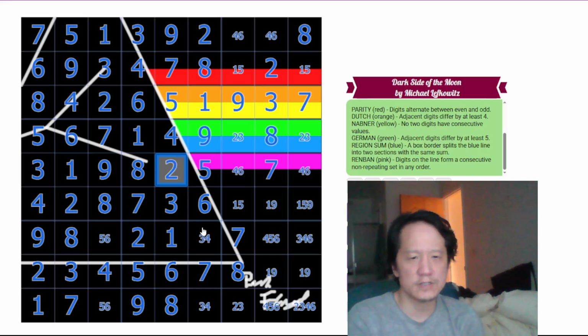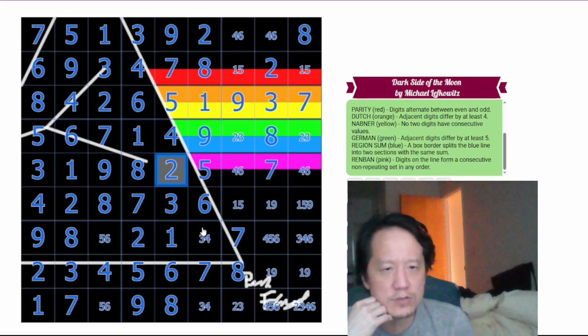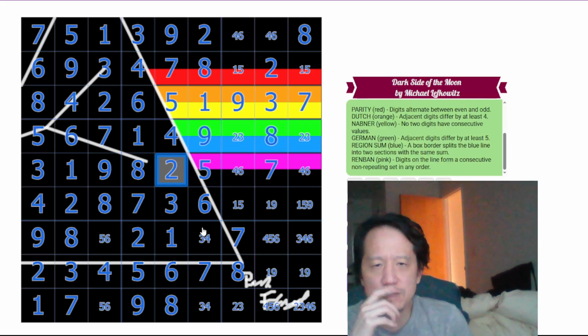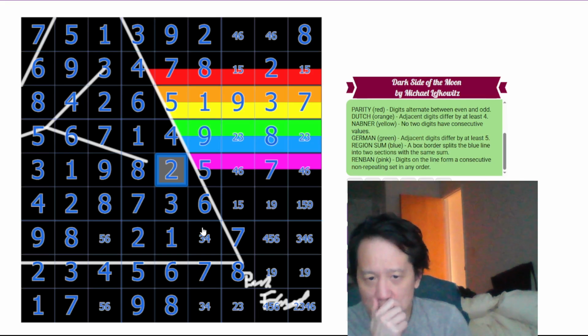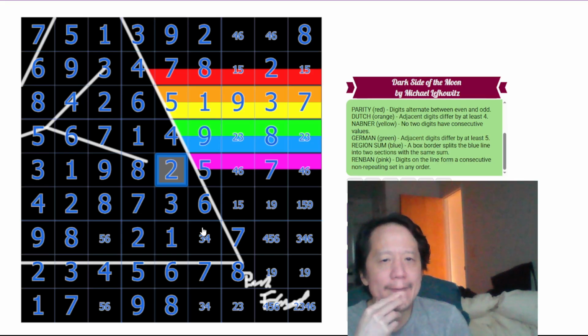I mean, this looks like it has multiple solutions here. That's problematic. Am I missing something? I'm probably missing something.